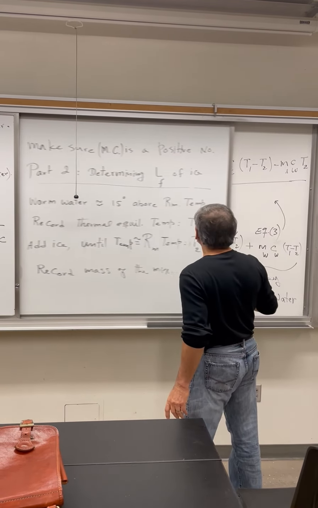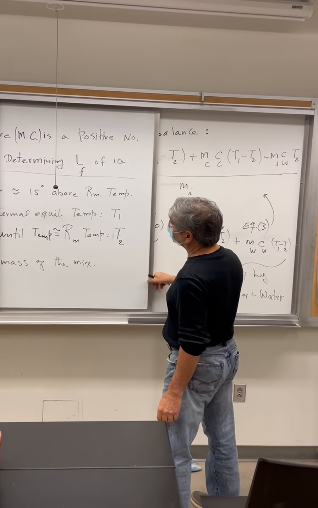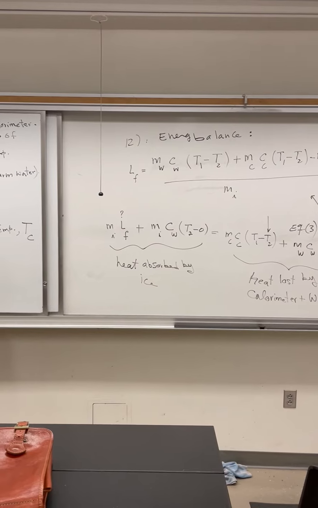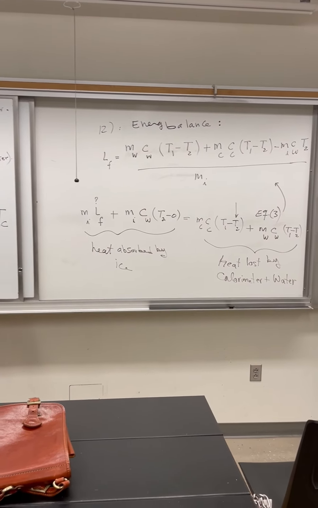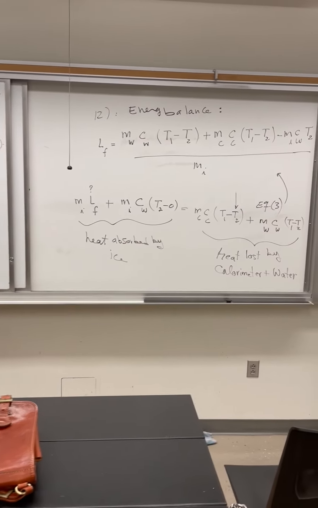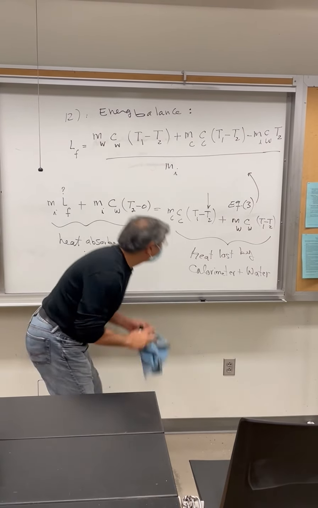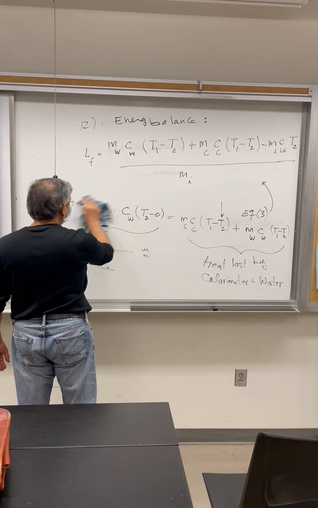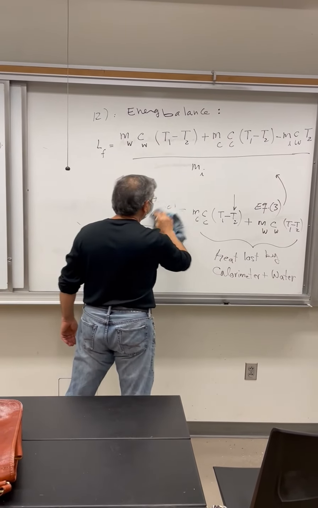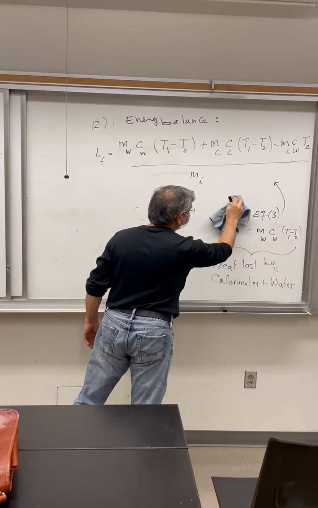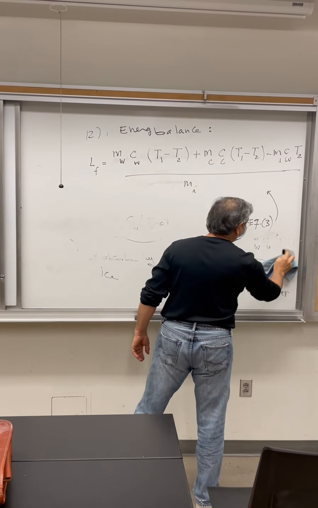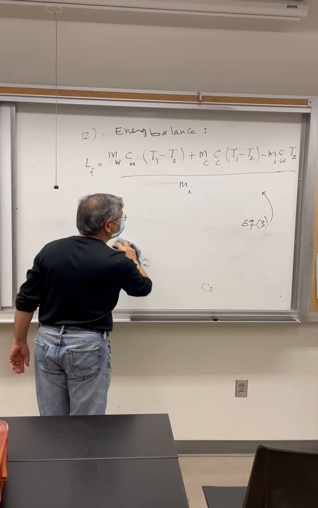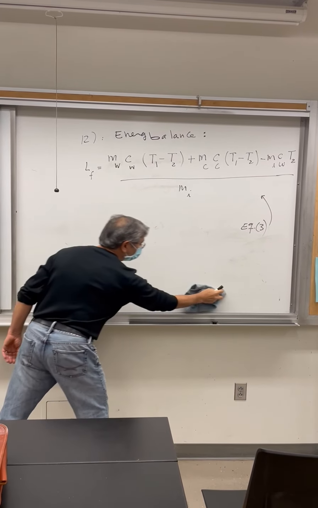Once we did all of that, you have all the numbers that we need in order to calculate the latent heat of fusion of ice, which is given by the following equation 3, which is in your manual.